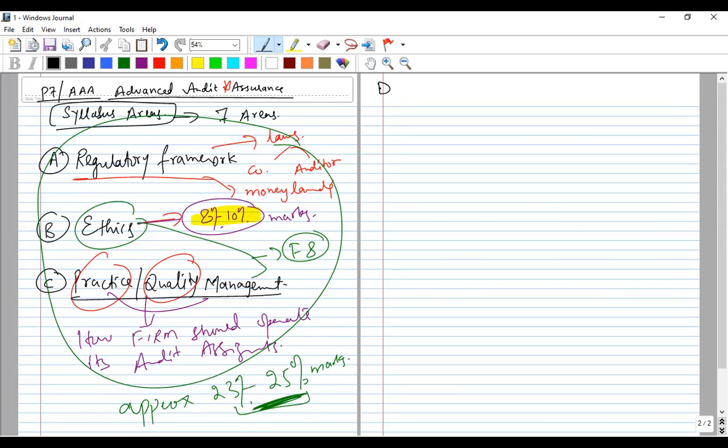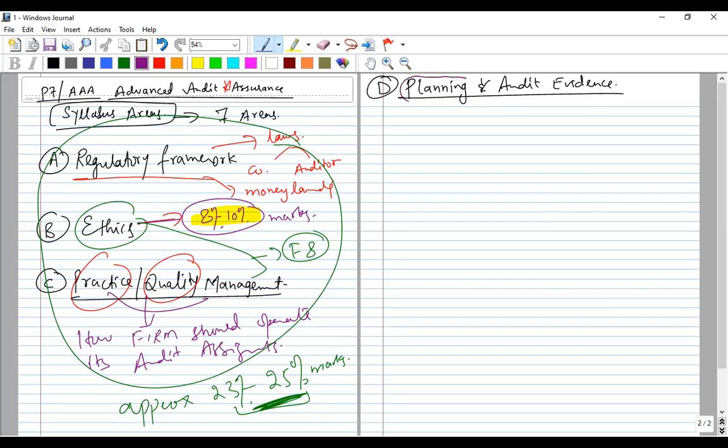Now unit number D, which is basically planning and audit evidence. What is planning and audit evidence? As we all know, audit is not a surprise activity, it is a pre-planned activity, and you need to assure yourself that the audit is properly and professionally planned.